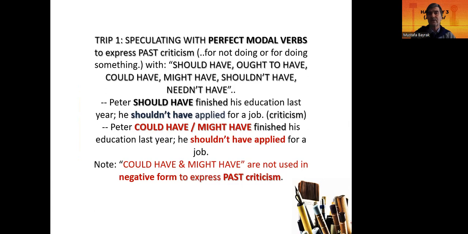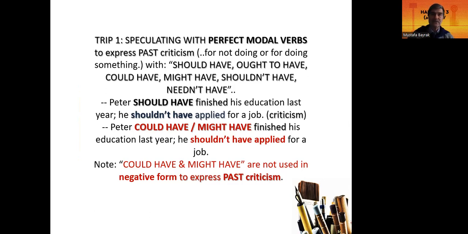Of course, we will study hypothesizing about the past again in the future. Could have, might have, and shouldn't have remain the same. Shouldn't have plus verb 3. Needn't have plus verb 3. And there is also, for example, wouldn't have, or would have.